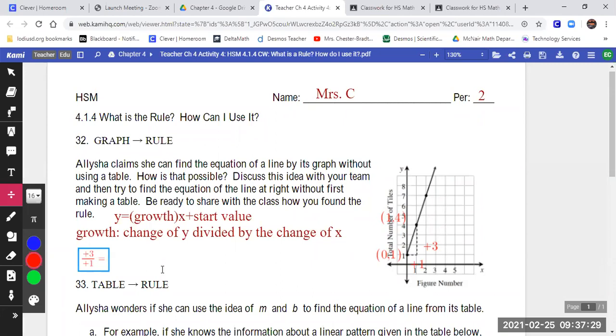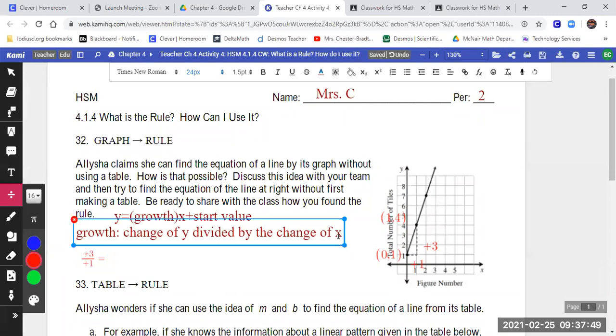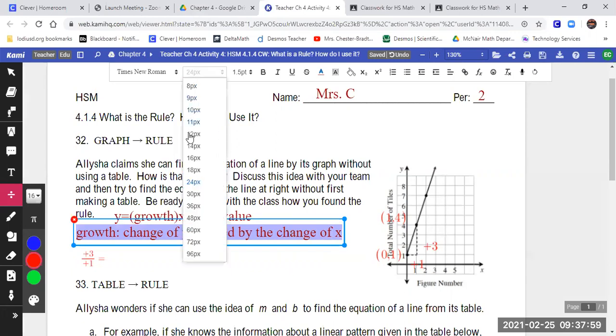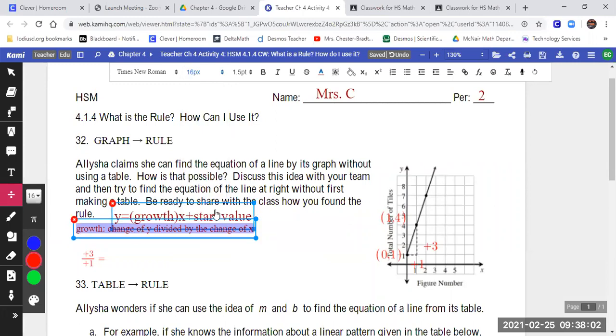Because positive 3 divided by positive 1 is not 4. Because we divide. So if we're dividing, what do we get? We get a positive 3. Yes. Okay. So our growth is positive 3.